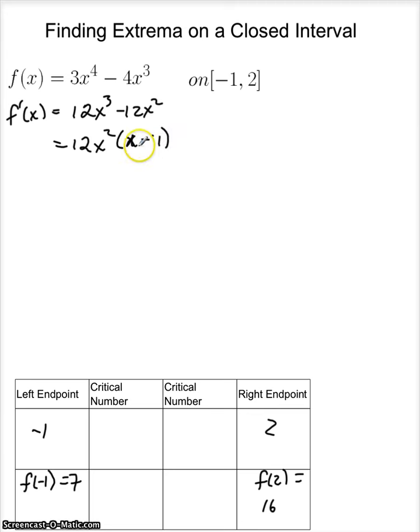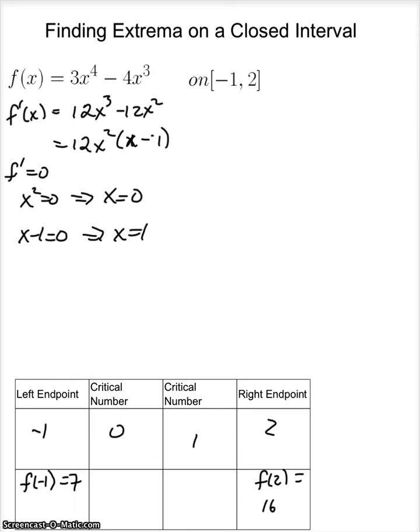This is defined at all points on the interval. So where does f prime equal 0? Where x squared is 0, or at x equal to 0, and at x minus 1 equals 0, or x is equal to 1. So these are all of our critical numbers.